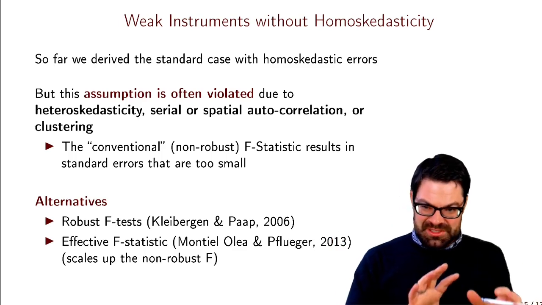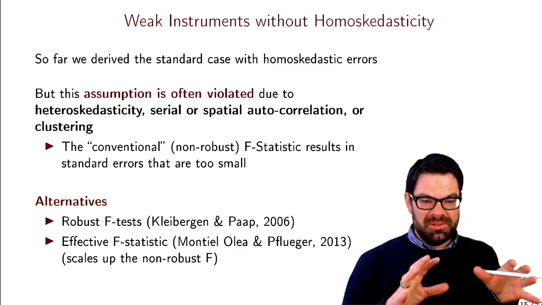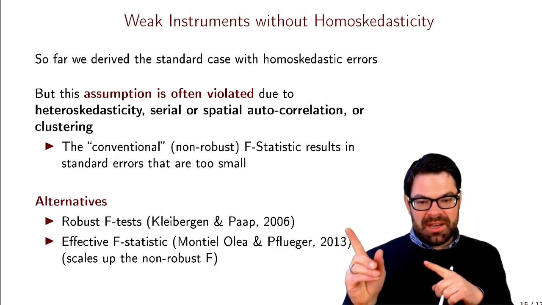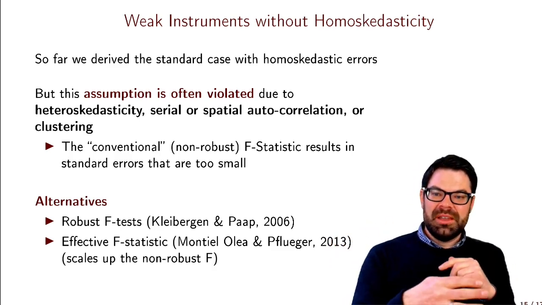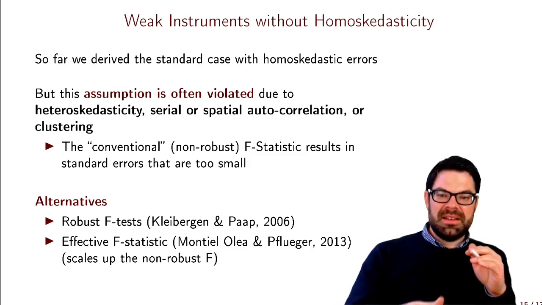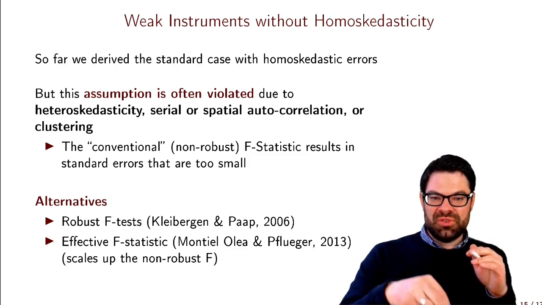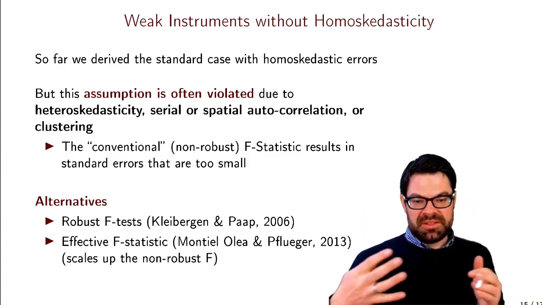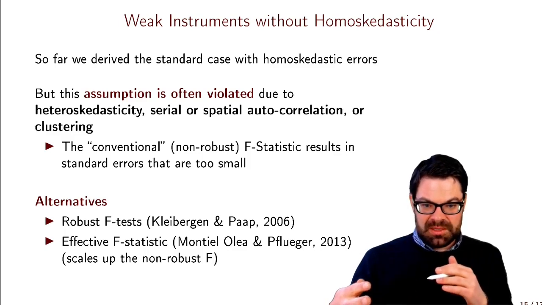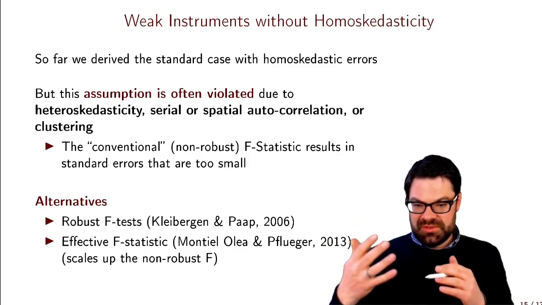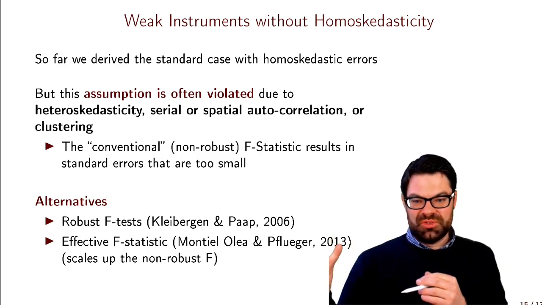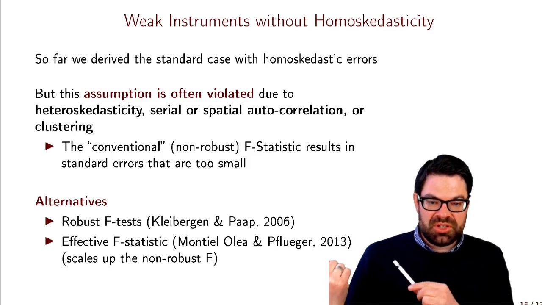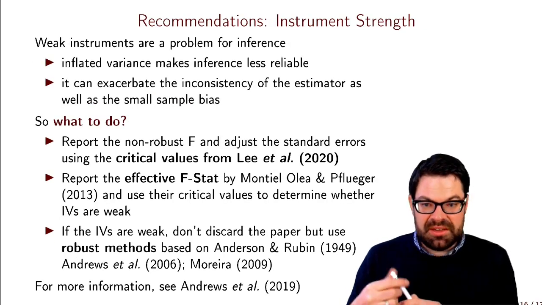But there is another method by Montiel-Olea and Pflueger that basically takes the conventional F statistic and scales it up in a way that it gets the standard errors right on average and allows you to get a meaningful test of whether your instruments are weak or not. And so this is definitely something that you should take into account, and basically anyone writing an IV paper these days should actually report those standard errors.